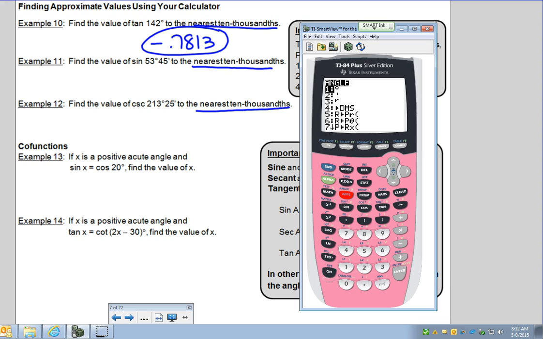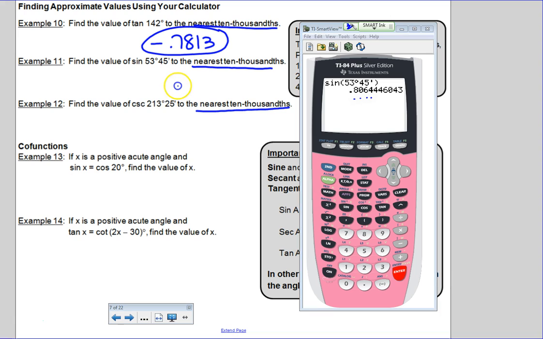The question mark key should have your degree symbol and your minute symbol. The degree symbol is the 4th on the top, and the minute symbol is the 5th on the top, under the question mark key. Okay, so we put that in. We put in 45, and then our minutes. And then that's all I have to do to find that, nearest 10 thousandths. So 0.806, and then 4 does not round.